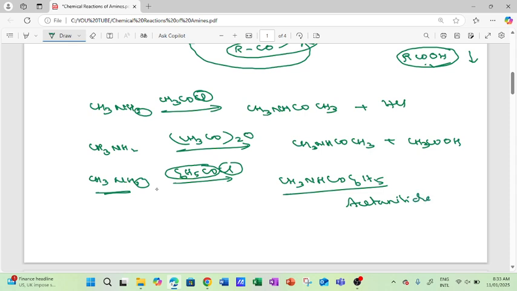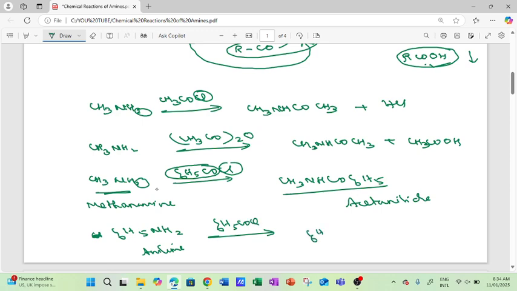So this conversion can be asked like this: how do we convert methanamine to acetanilide? That is one of the easy conversions. And one more example which is helpful for the conversion: C6H5NH2, which is aniline, on reaction with the same compound, C6H5COCl, benzoyl chloride itself, you will get C6H5NH, and this hydrogen and this chlorine get eliminated, and after this you get COC6H5.